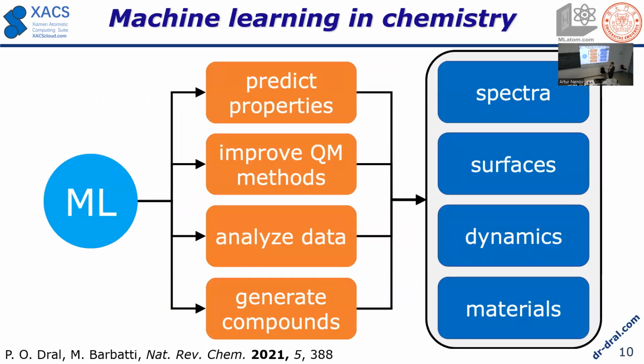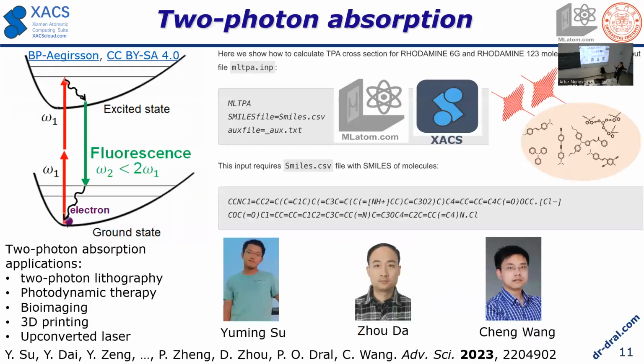So now back to these different properties. I just took a couple of examples. If you want to predict a spectrum, we can do this in 2 ways. One way is to just predict the spectrum directly, without any quantum chemistry in between. And that we can do by training on experimental data, for example, and that we have done for two-photon absorption, which is a very complicated property to do quantum mechanically.